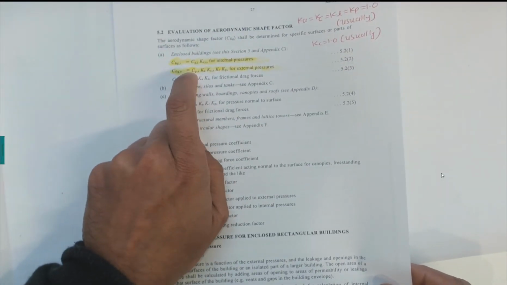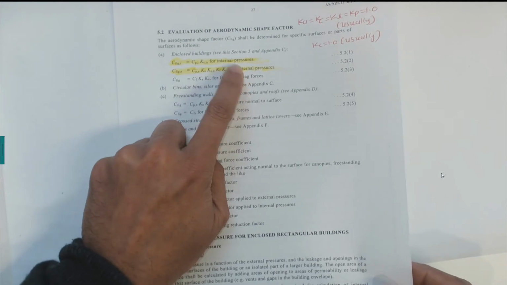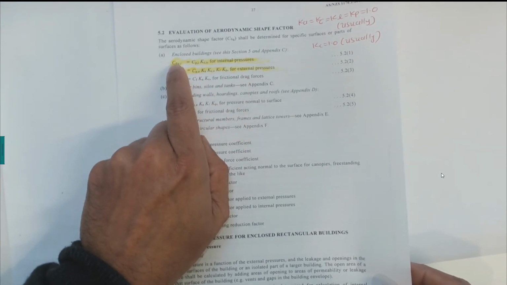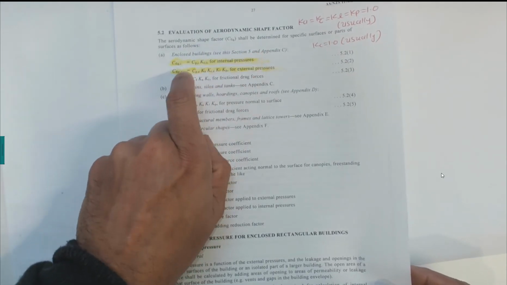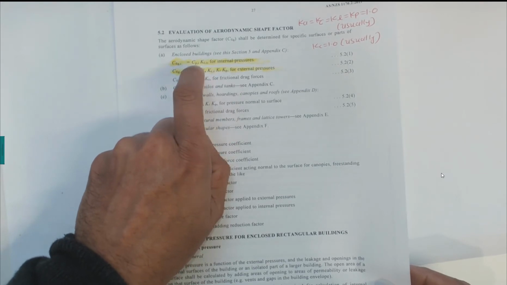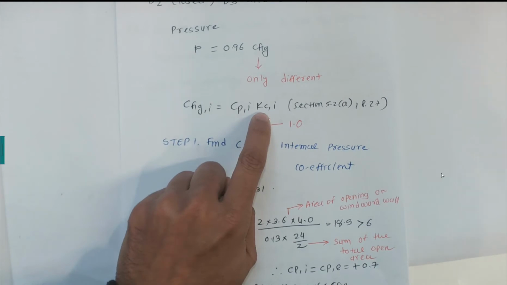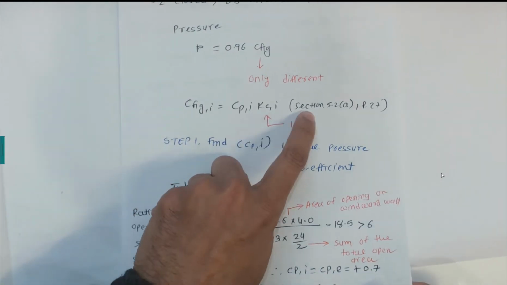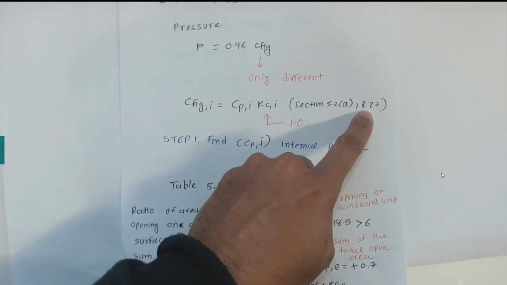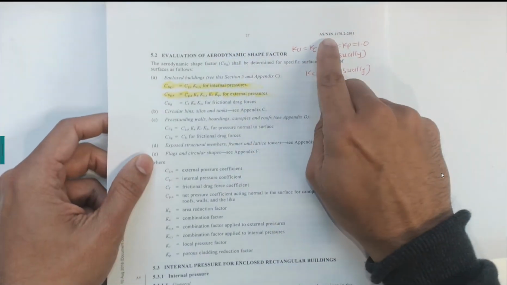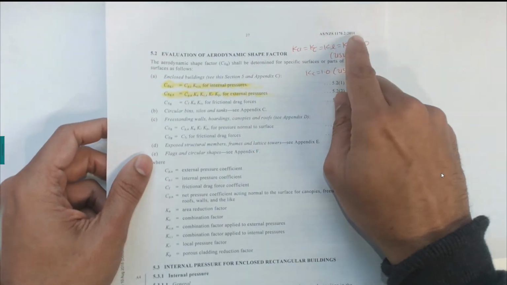Here we use this equation for external pressures, and now we are using the aerodynamic shape factor C fig for internal pressure, which is CPI times KCI, given on page 27 in the Australian Standard AS NZS 1170.2 2011.